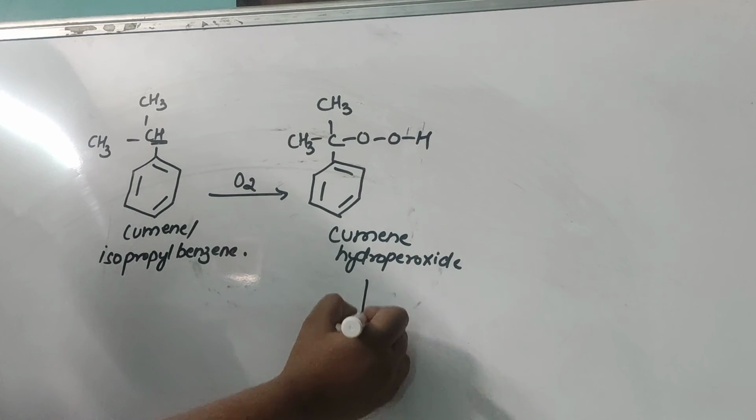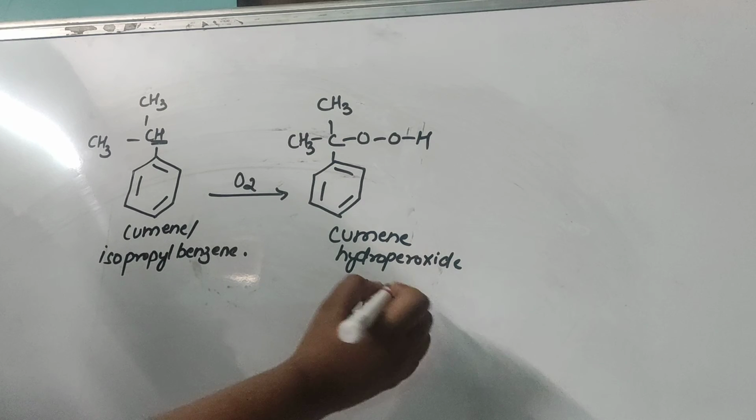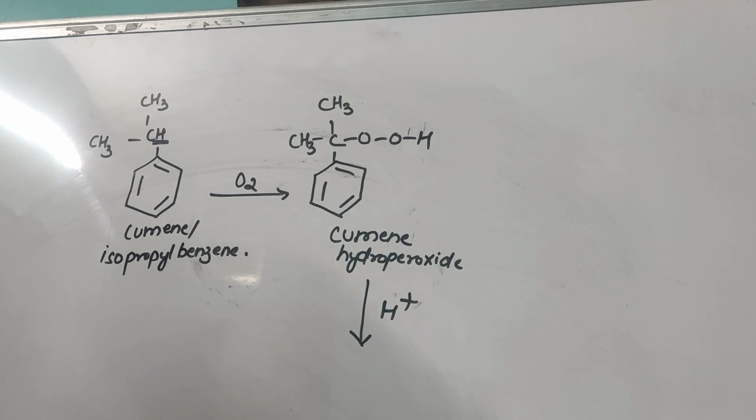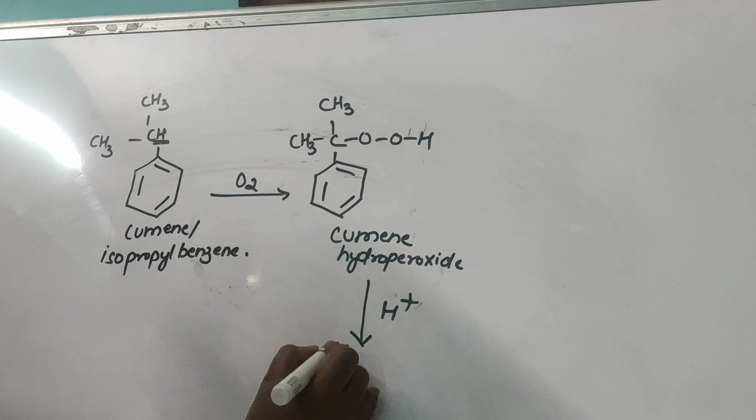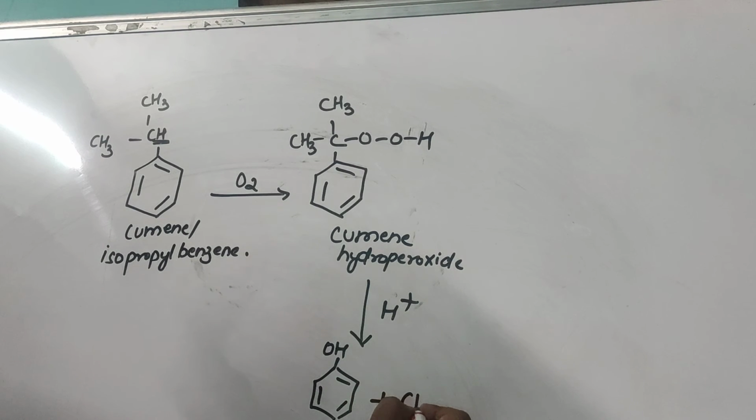I'm writing it down, you have to treat it with any of the acid. That's why we write H plus. Then you get two products, and both products are very, very important. One is phenol, another one is acetone, CH3 CO CH3.